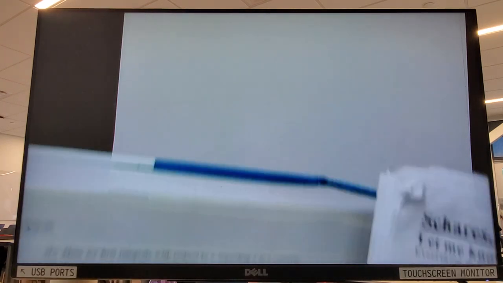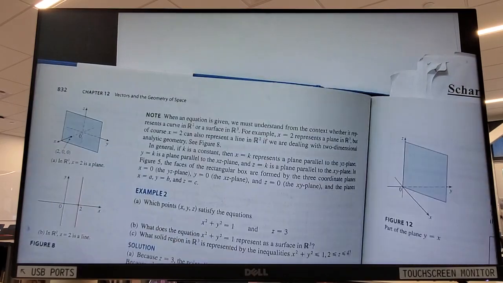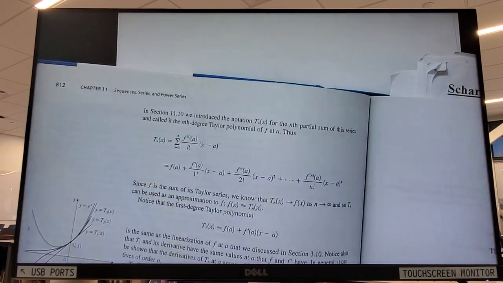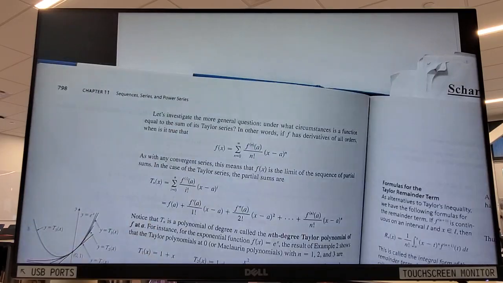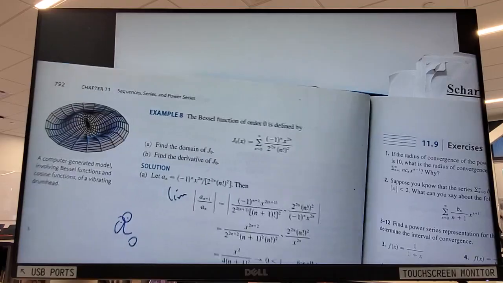Which one? 11, 9, 18. Okay. I started it and then passed up.